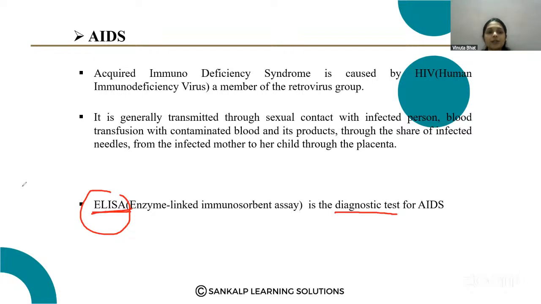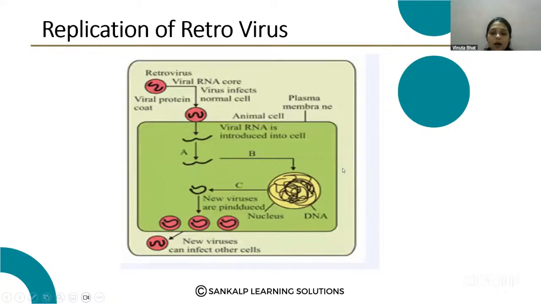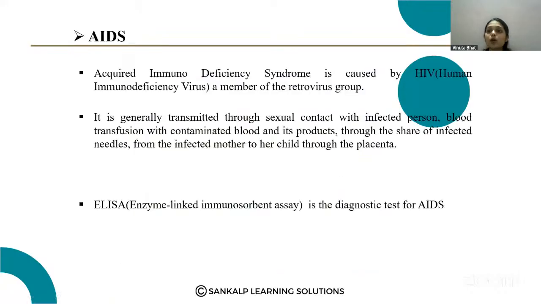I used the word retrovirus. What is the speciality of this retrovirus, and how does the virus multiply in our body? How does the person get the disease?